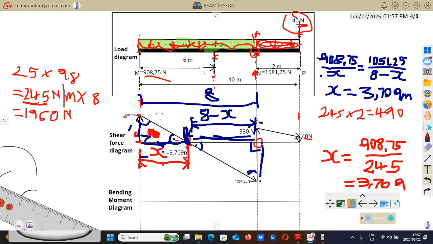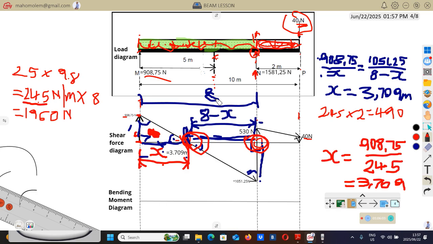Remember, the main reason for drawing this shear force diagram is to find the point where we're going to have the maximum bending moment. From this diagram, this shear force line crosses this horizontal line here and there. So it means that here or here, that's where we're going to have the maximum bending moment.